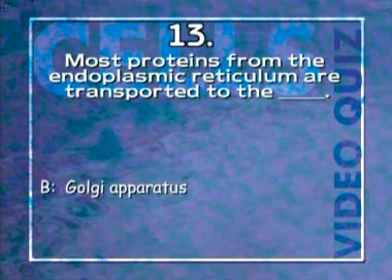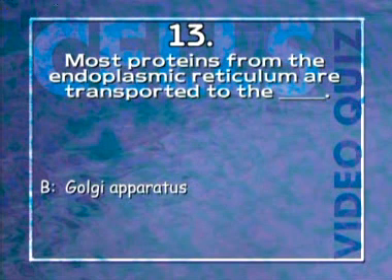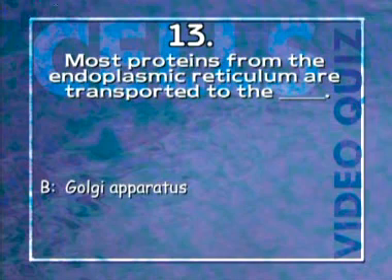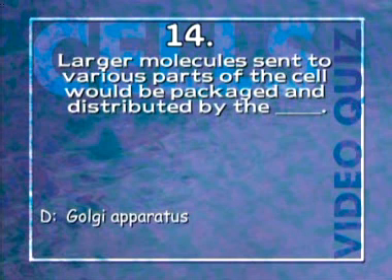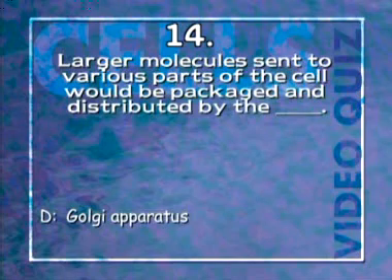Question 13. B. Most proteins from the endoplasmic reticulum are transported to the Golgi apparatus. Question 14. D. Larger molecules sent to various parts of the cell would be packaged and distributed by the Golgi apparatus.